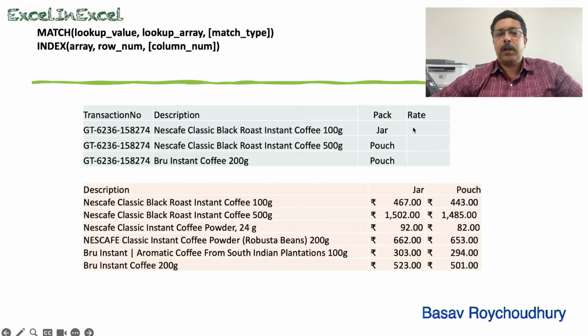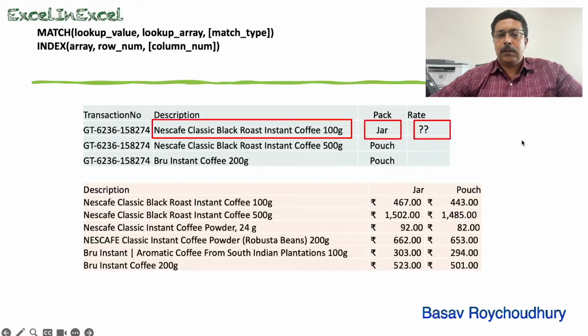To find out the rate of this particular coffee, we have a price listing below. Here in the price list, as we can see, the description is there, the price for the jar and the price for the pouch is given. So to find out the exact price here, we would typically need to look into both the description as well as the pack.